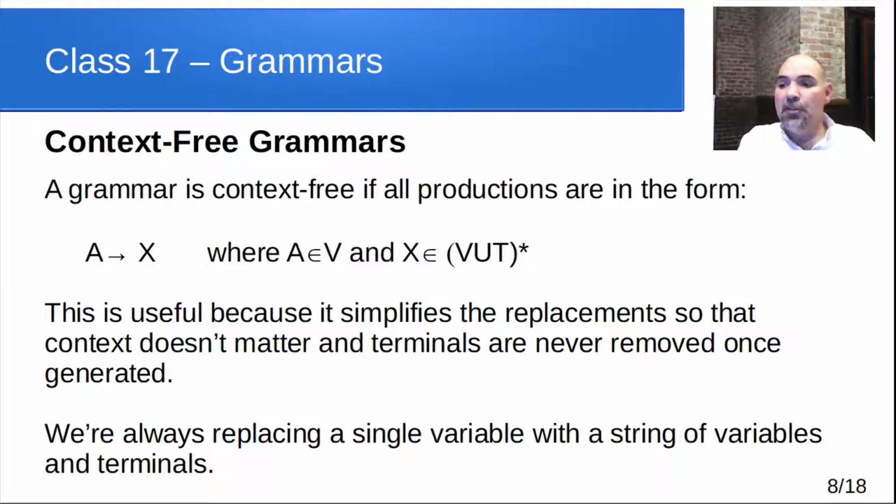So that's the restriction: we're always going to be replacing a single variable with a string of variables and terminals. Okay, so this simplified form is going to make it easier because we're only replacing one thing. In other words, context isn't going to matter. It doesn't matter how the variable is used or the symbols around it. We're just going to say, if I see that variable in my string, I can replace it with whatever is on the right-hand side.